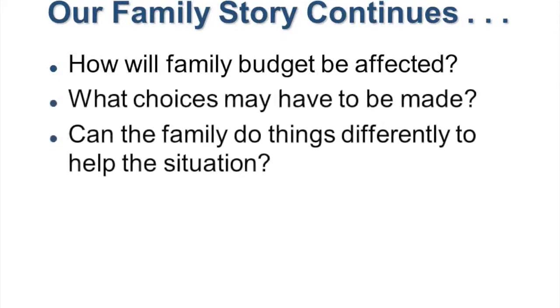So what choices might those be? And could the family also do things differently to help the situation? Choices. Well, something needs to change to reduce the cost. This is where this quote-unquote process improvement or performance optimization comes in, even at the family level. Perhaps shopping at thrift stores for certain items might make sense.